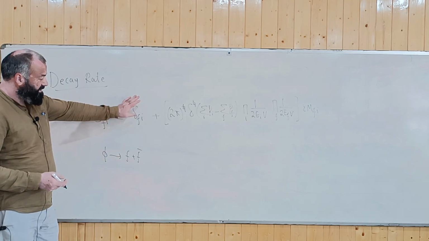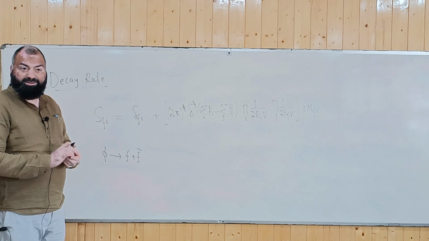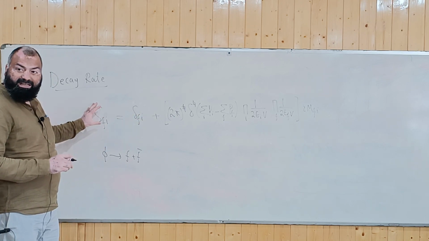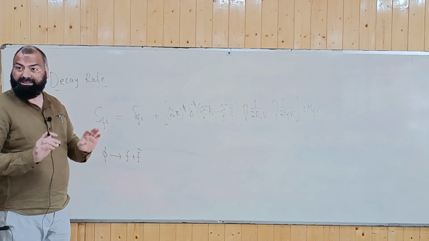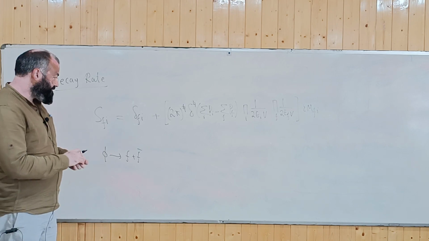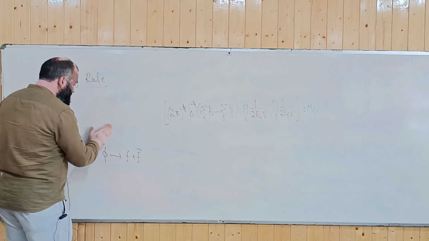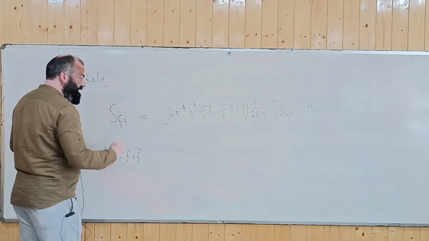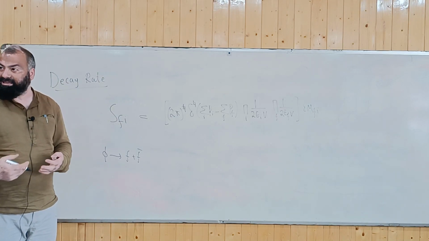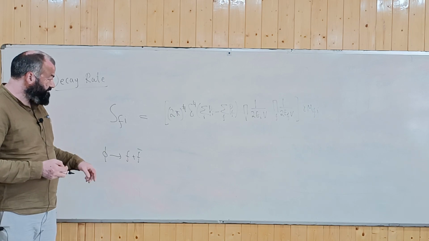So it means this delta does not contribute. If I need to calculate the scattering matrix element, I need to ignore this thing. So then I can remove this, and I can write this scattering matrix element S_Fi like this, because our initial and final states are different, so that delta does not contribute.